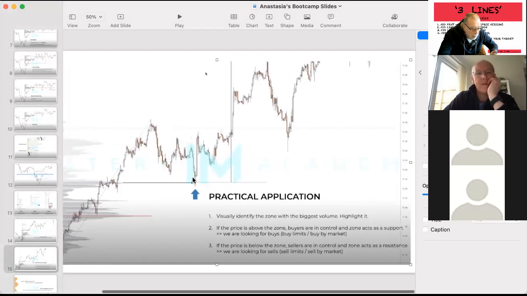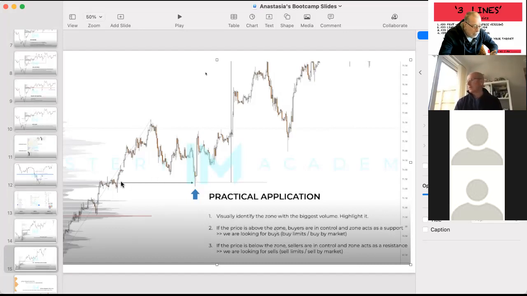So let's just read what she's saying here. Practical application: visually identify the zone with the biggest volume. So she's accepting that this is the biggest volume, but this is an almost equal volume, and her attention is drawn to that first. If price is above that zone, buyers are in control, and it acts as a support.